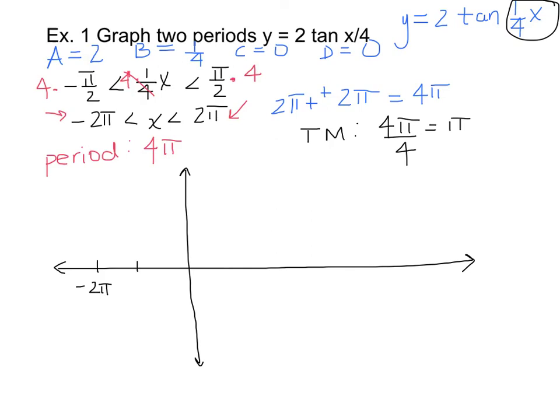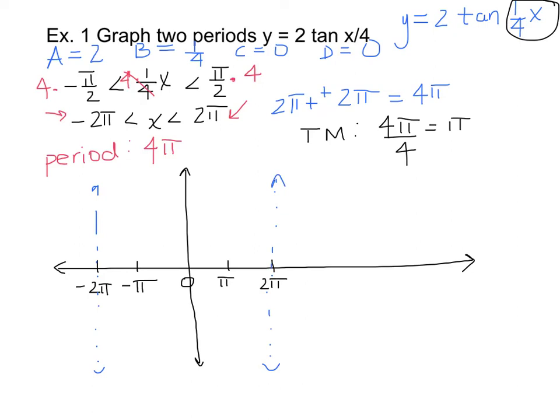So that'll be negative 1 pi, then 0, and positive 1 pi, and then 2 pi, which you notice represents your first period. So I have an asymptote on the first one, and an asymptote on the fifth one.